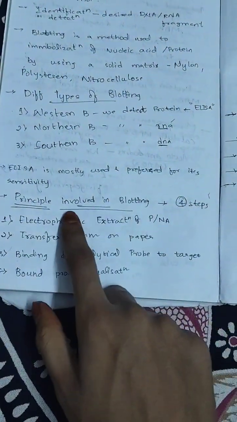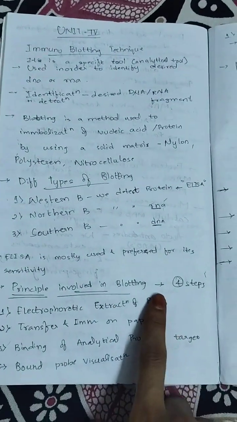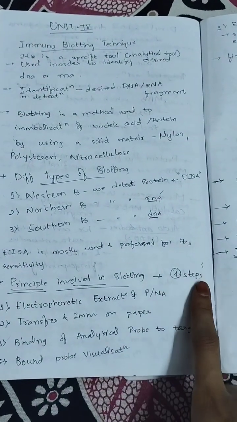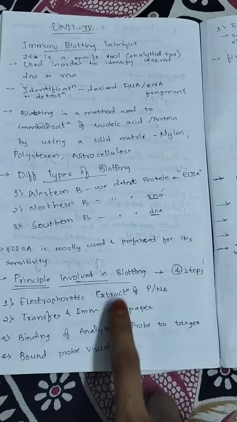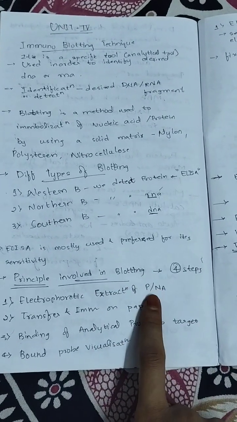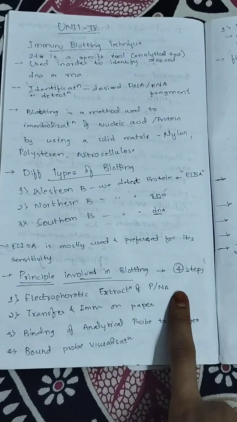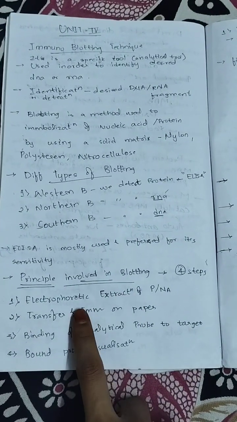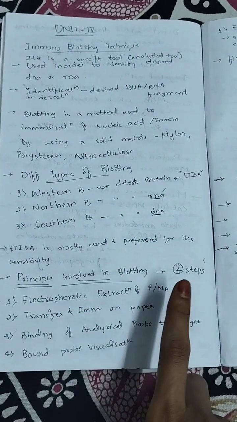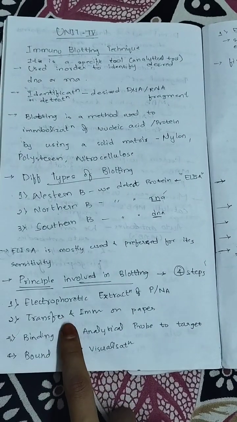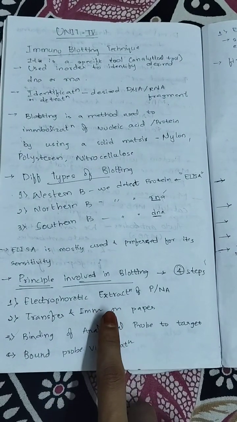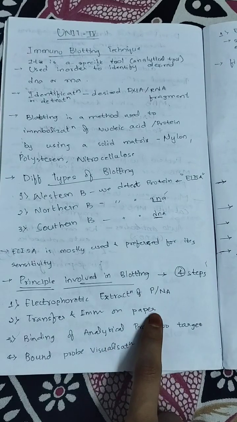Now we are going to see the principle involved in blotting. Actually, there are 4 steps involved in blotting. Firstly, we need to extract the proteins or nucleic acids by the electrophoretic method, and we transfer the proteins or nucleic acids and immobilize them on the paper.